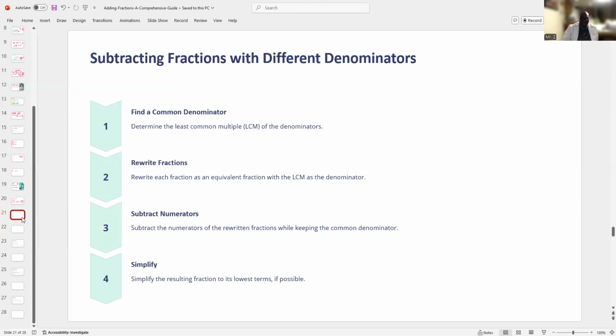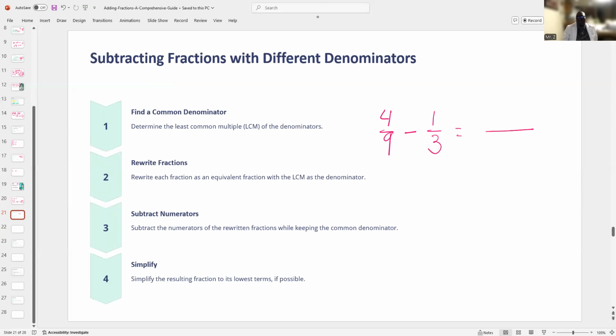Example, let's do one here. You have 4 over 9 minus 1 over 3. They don't have the same denominator.